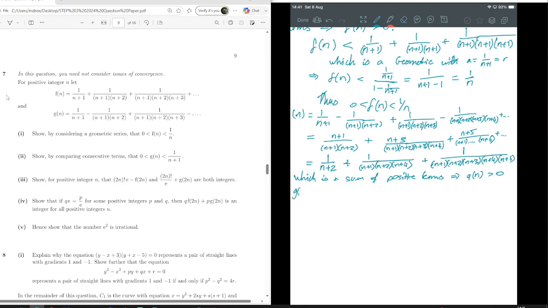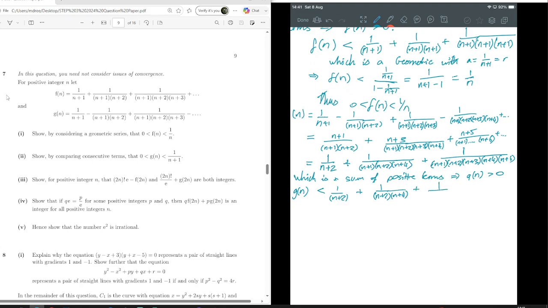But I can still say that g of n is going to be less than, well, what if I just get rid of all the n plus 1s? If I just get rid of them, then I'm certainly making the denominators smaller, so the whole thing has become bigger. So this is certainly less than 1 over n plus 2 plus 1 over n plus 2 n plus 4.